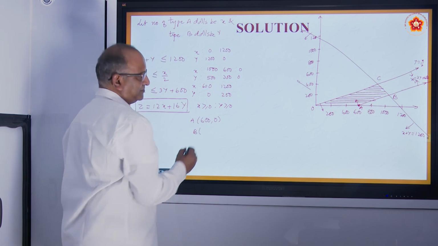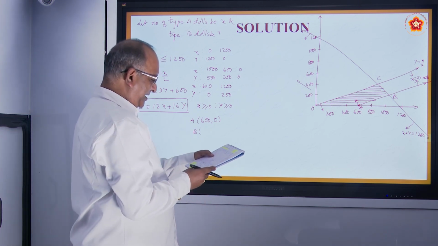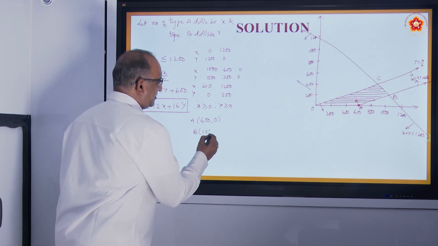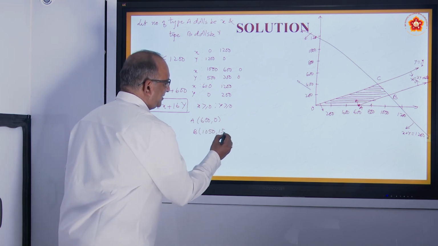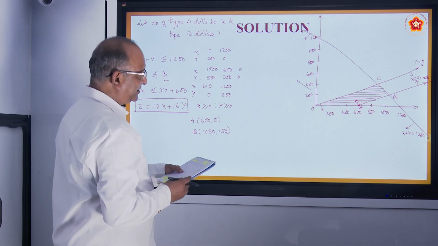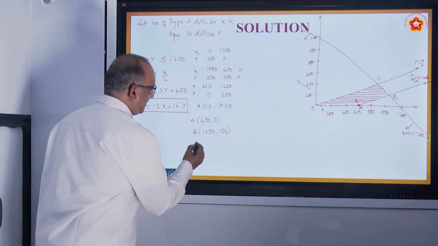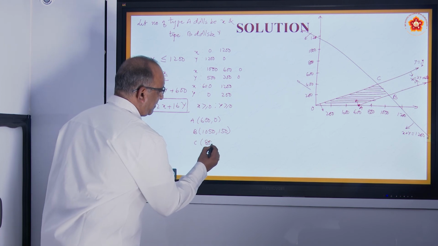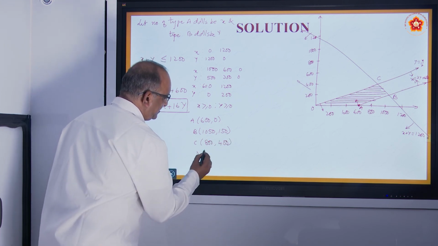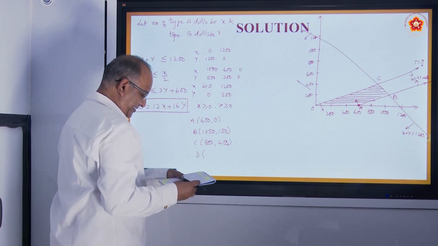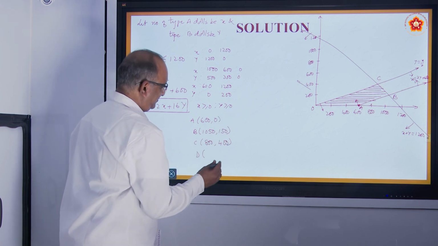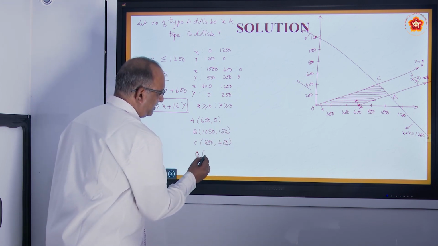Come to B. The point B is 1050, 150. Point C is 800, 400. And D, point D is not there. So point D is nothing but O only, 0, 0.